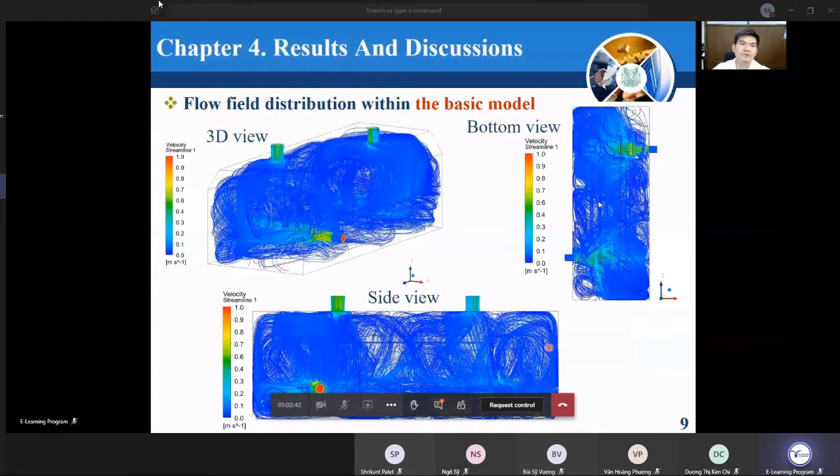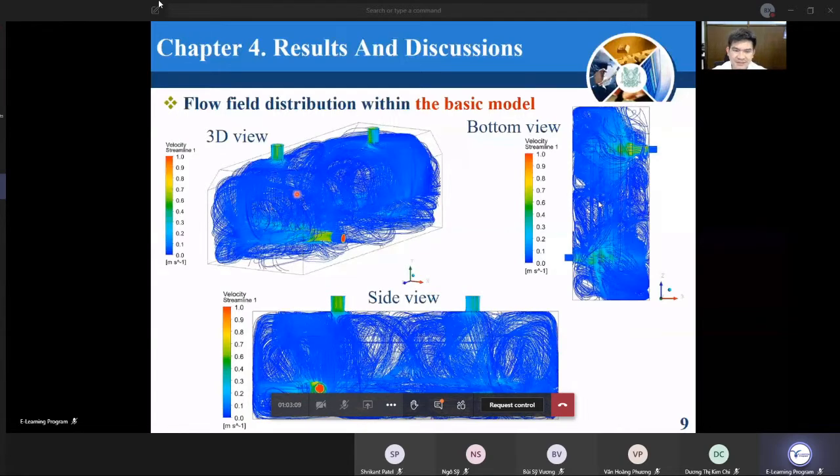And then we move to chapter 4 for the results and discussion. First of all, the flow field distribution inside the basic model, and this is the 3D view. We can see here the flow inlet moves inside the furnace and impinges directly on the bundle of steel pipe.